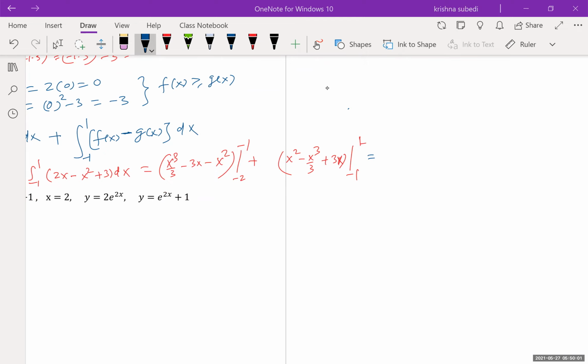And so what I got here is that the first integral, the first part, is 5/3. And the second part I got 6, and I want to verify this answer with you guys. All together, my final answer will be 23/3.